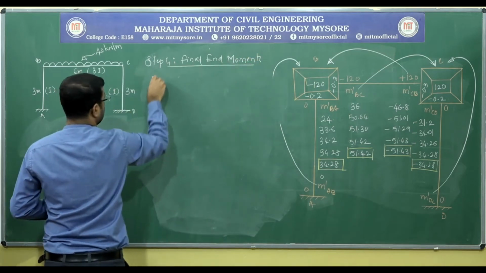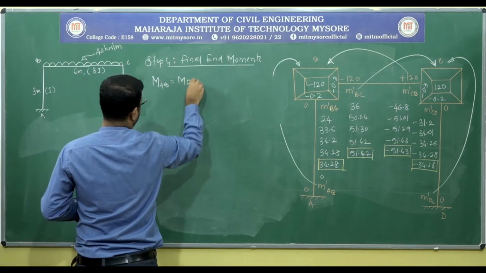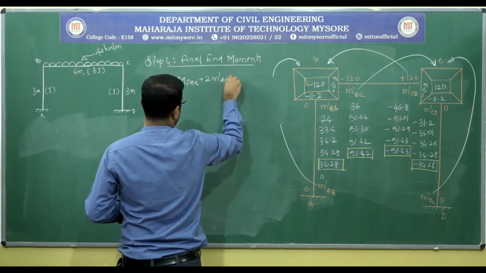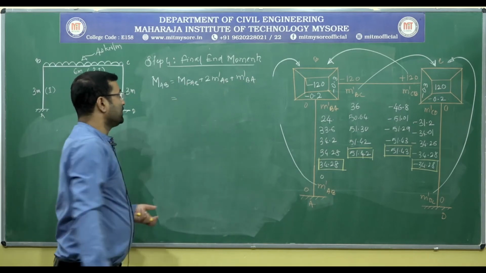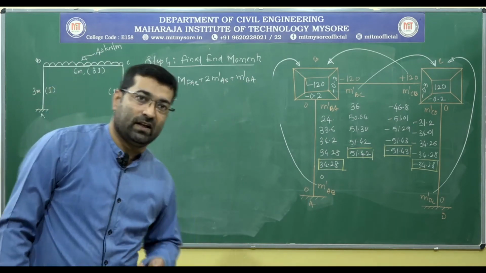That is MAB is equal to MFAB plus 2 times M dash AB plus 1 times M dash BA. So using this formula we can estimate the final end moments.